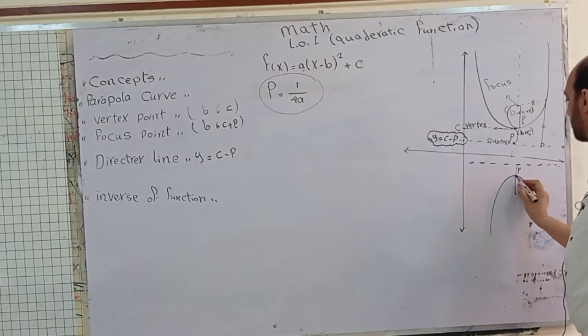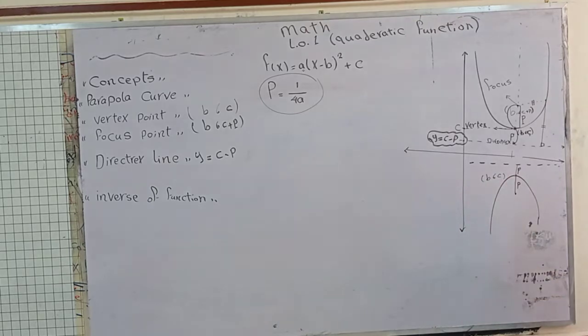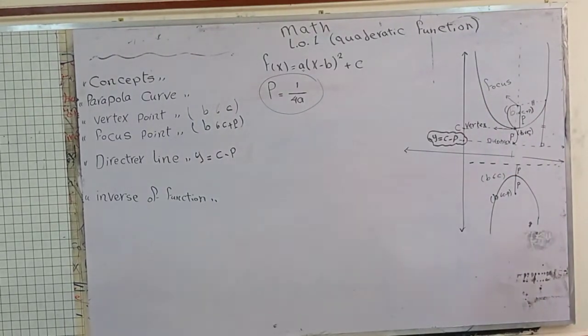If we suppose now that the vertex point is B and C, then the focus point will be B and C minus B. Okay, minus the distance.